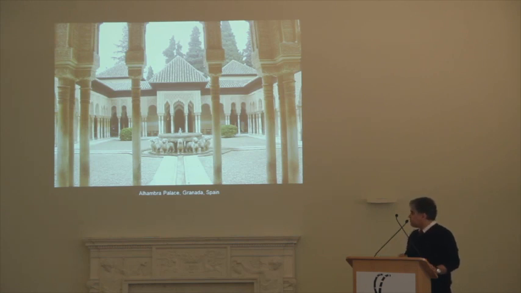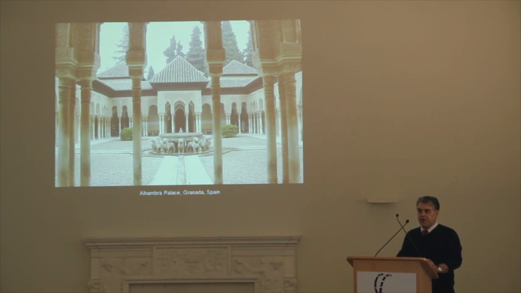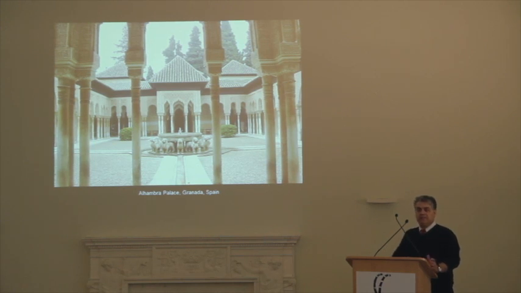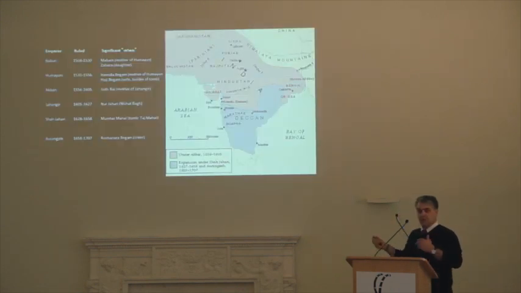But also in areas like Spain or North Africa, you see a hybrid of elements of gardens that are coming from Rome versus the ones that have to do with the Islamic world or Persian gardens.